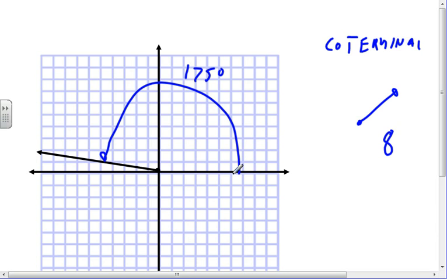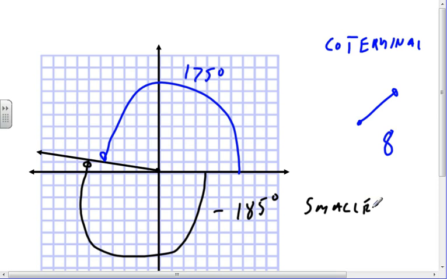largest negative coterminal angle. Okay, so if I go this way, like that, then I'm going to have minus 185, and that would be the smallest negative guy. Because the next guy would have to go around again another 360, and that'd be 445, and that wouldn't work.